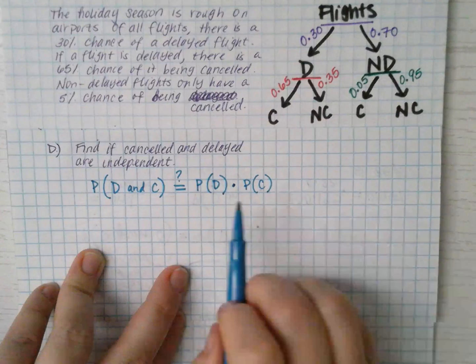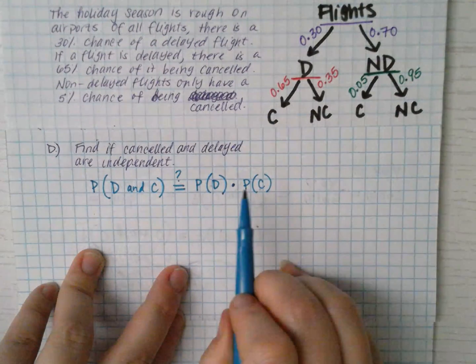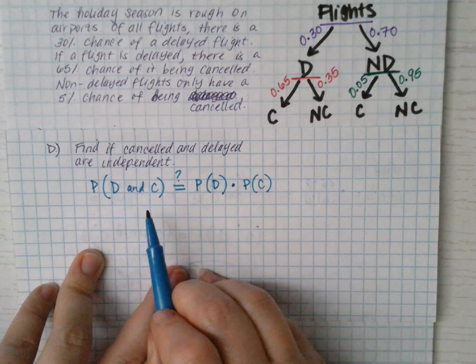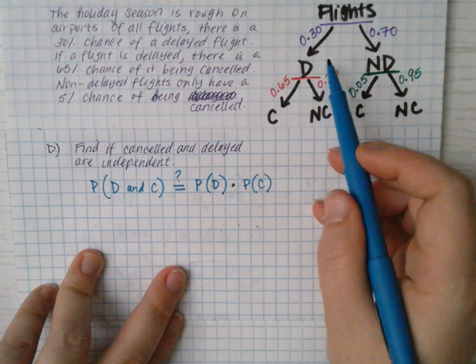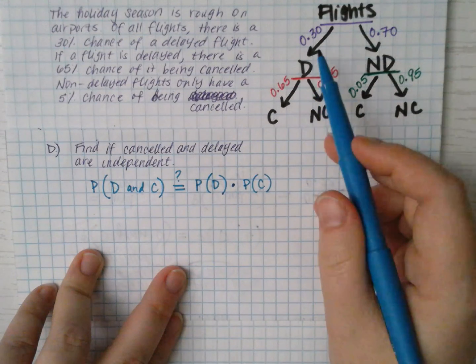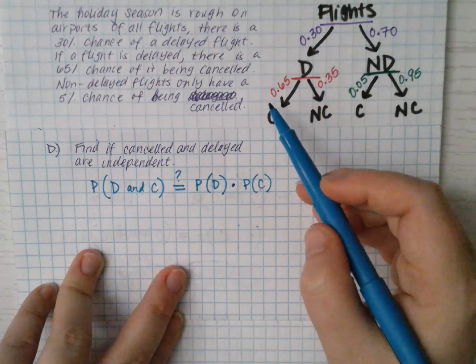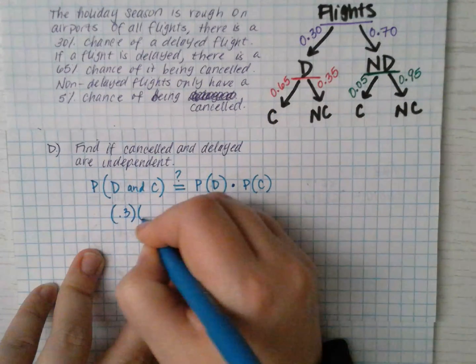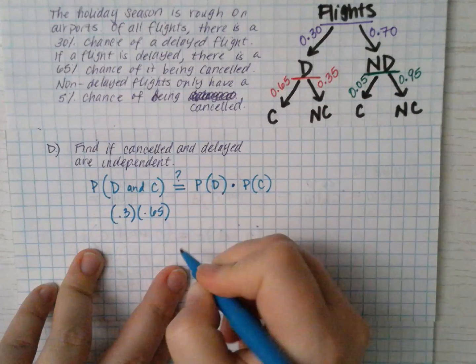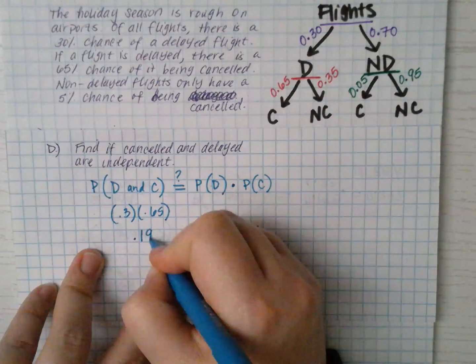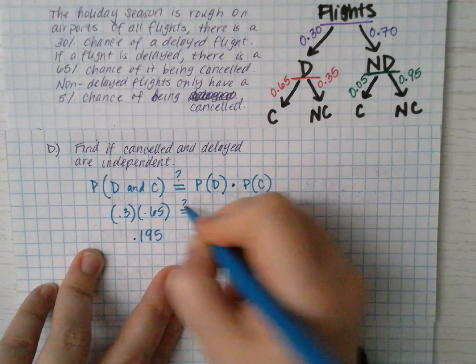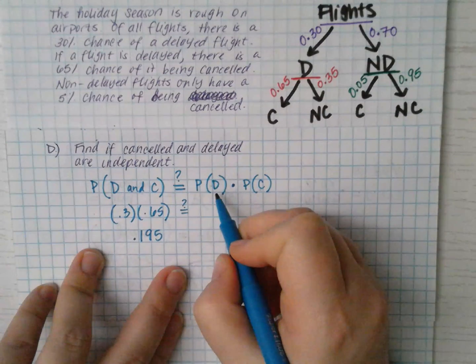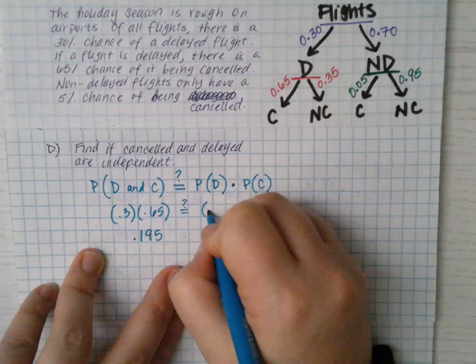And the great thing is that we have this information already, and we're just going to plug in what we know. Delayed and canceled, we're multiplying 0.3 and 0.65, which gives me 0.195.